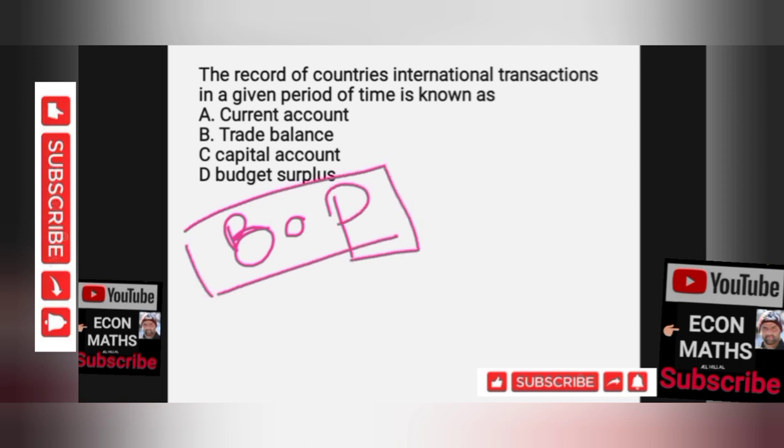But since no option here is the balance of payment, I don't think any option is correct. I leave it to you. What you say, what is the right answer, I am not sure. But balance of payment is actually the record of countries' international transactions in a given period of time.